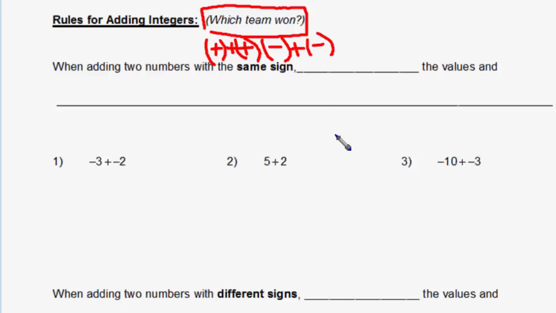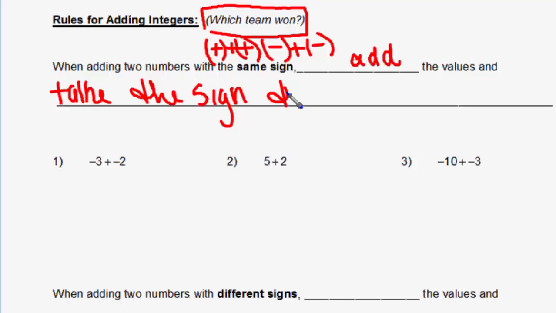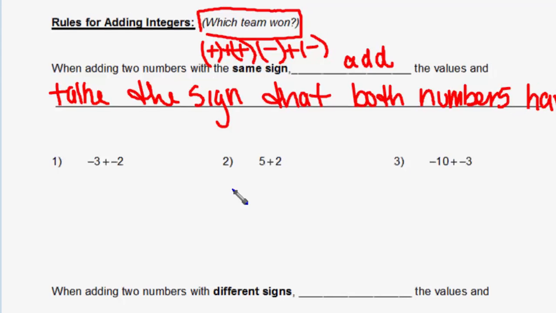Okay, so for either one of those examples, you're going to add the values together and you're going to take the sign that both numbers have. So if they're both positive, your answer is going to be positive. If they're both negative, then your answer is going to be negative. Okay, so let's look at some examples.